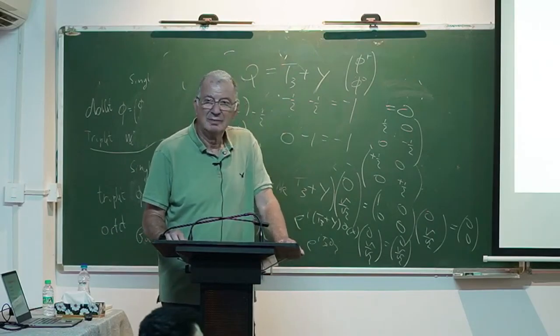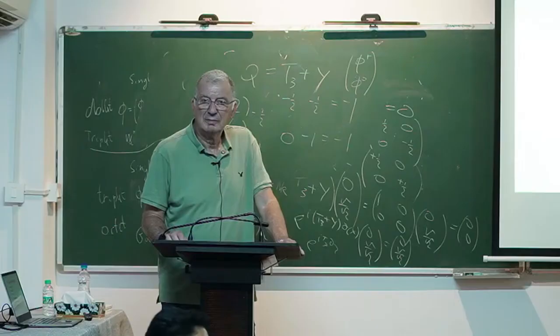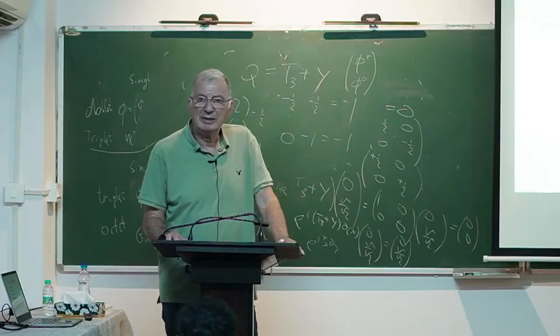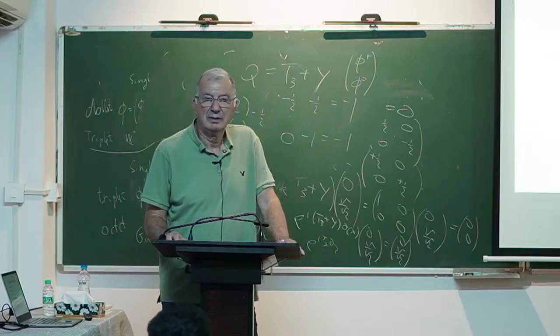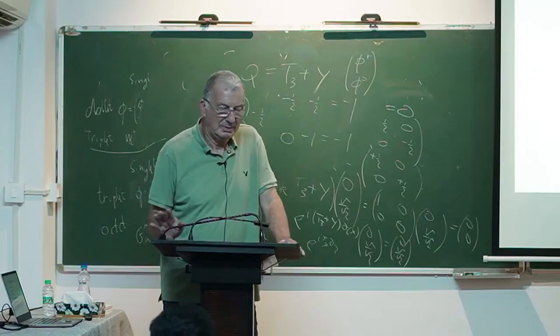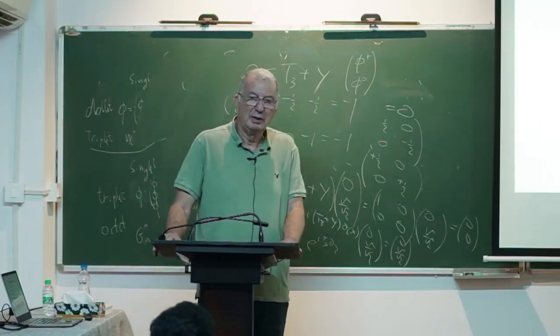So the question is from Debabrata Sahu. Is there any systematic way to check if in a theory there is any accidental symmetry or not? I think it's a good question.